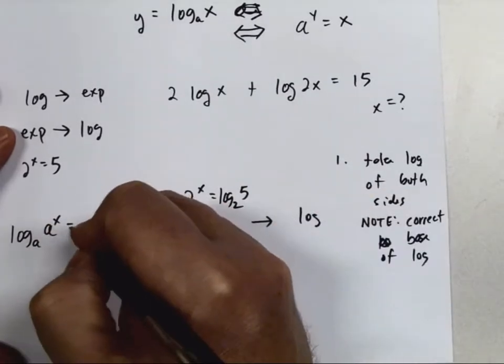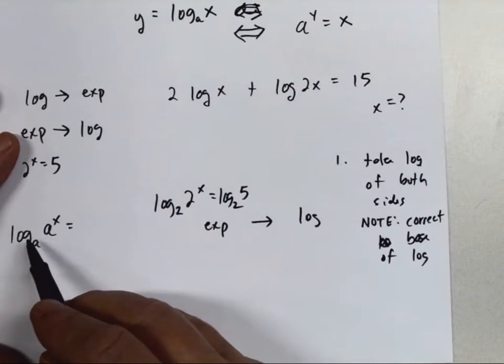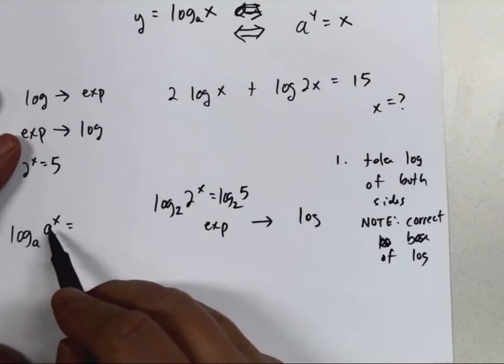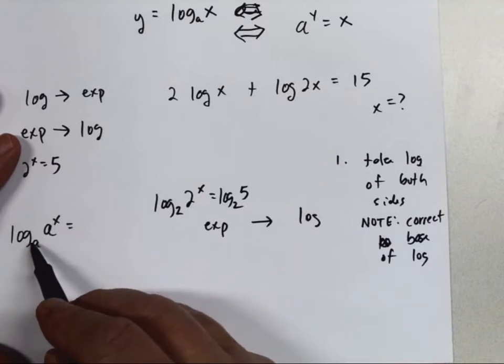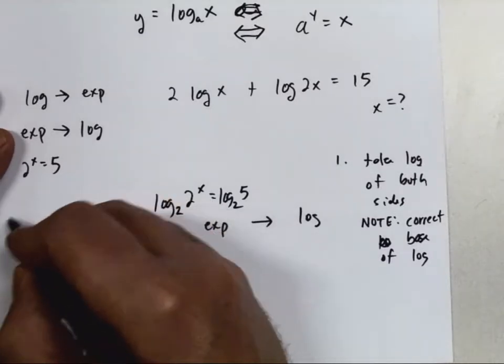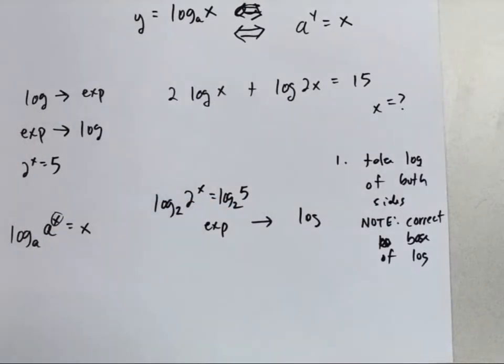Here's the first one. Anytime you have log base a, and inside the log is a to the x, so the key is the base of your log is the same as the base of the exponent. When you have this situation, this whole thing simply equals the exponent.